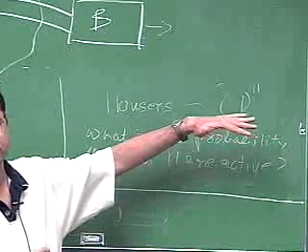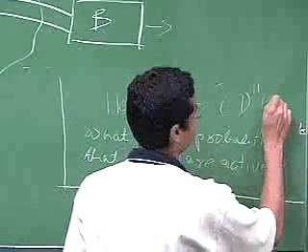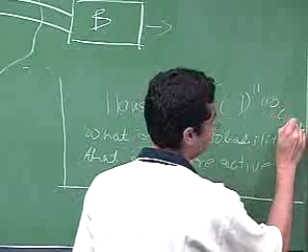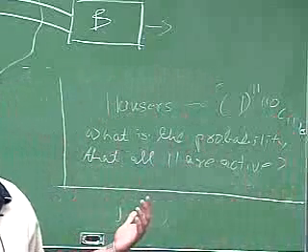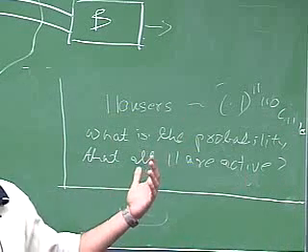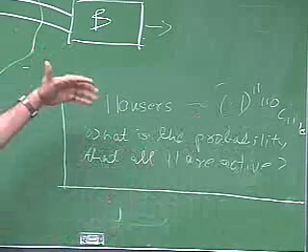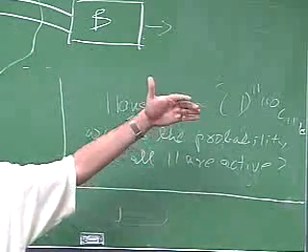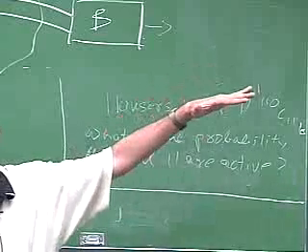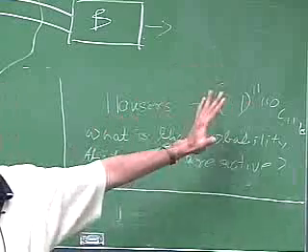Times, yeah, so it'll be 110 choose 11. We just need at least 11 of them to be active for the network to get into trouble. So roughly, as the number of users increases, the network will get into trouble more often. This is going to be an increasing function in terms of the number of users, fixing the probability.